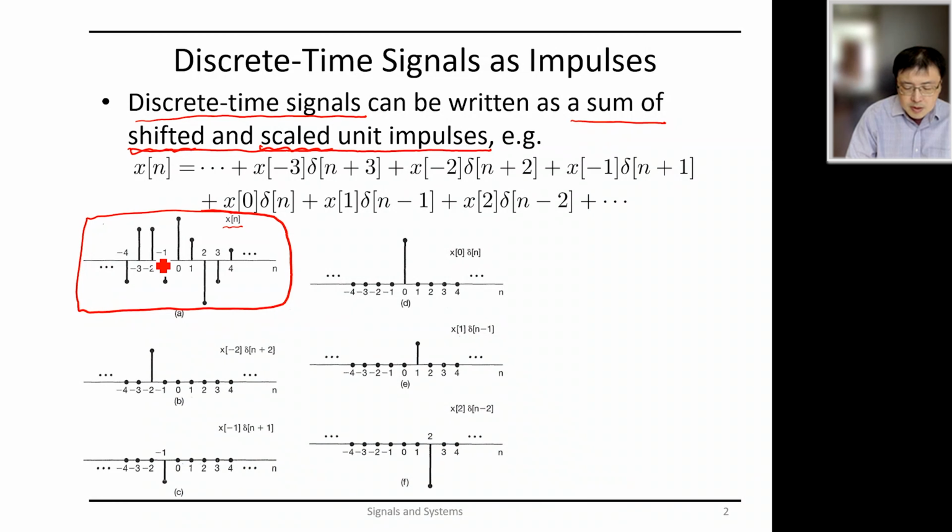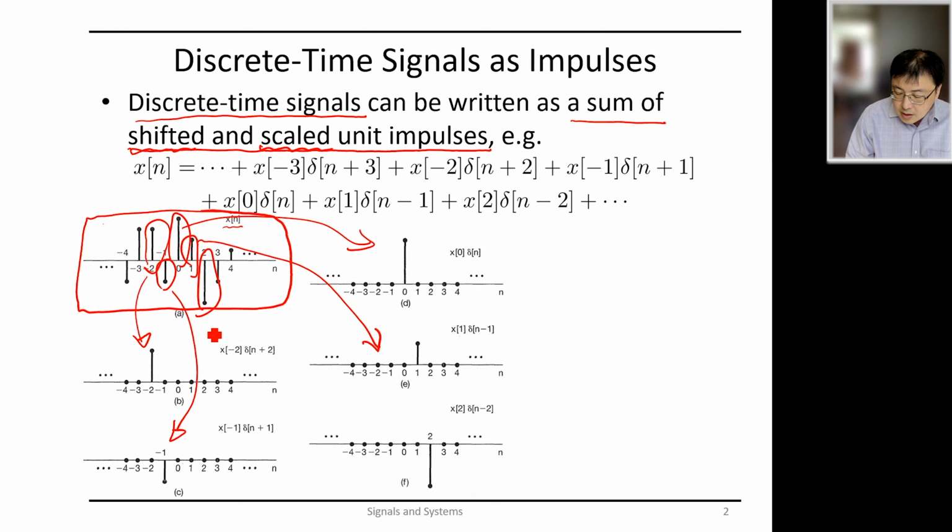So for example, this point here can be viewed as this unit impulse function, this sample here as this unit impulse, this one as this, and this one as this.